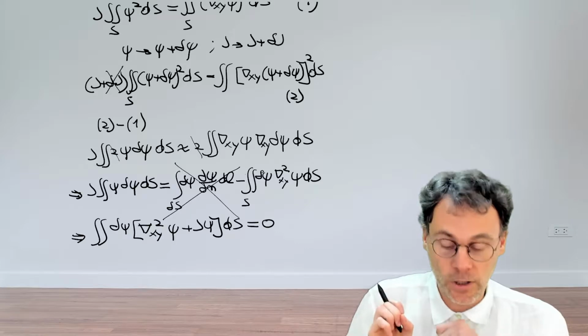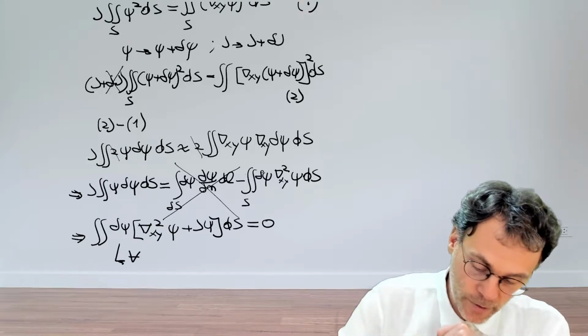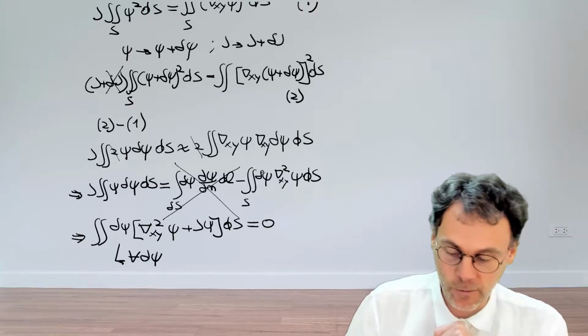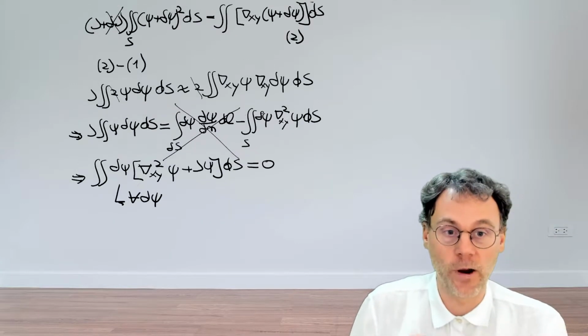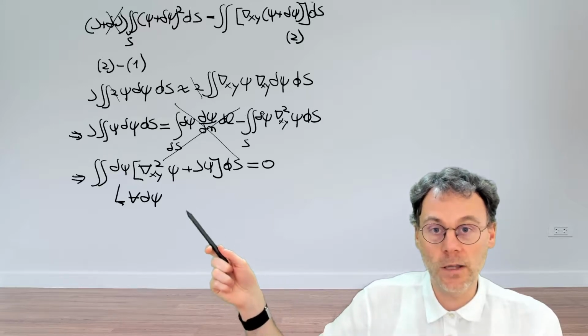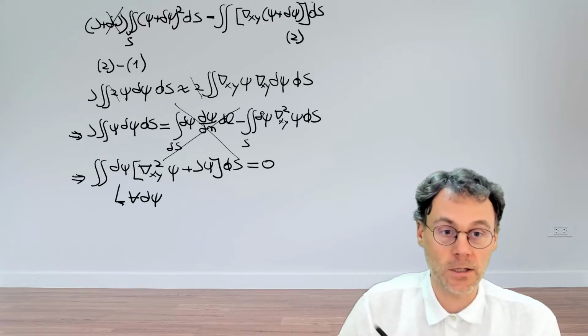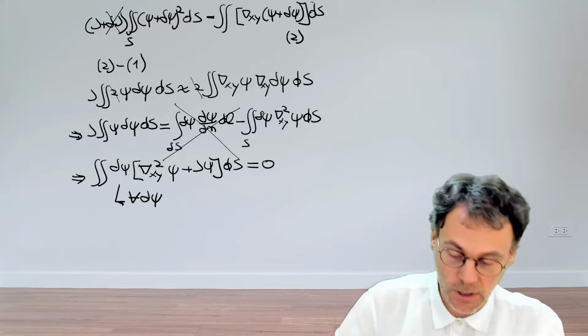Now the crucial part here is that this should be true for all possible variations delta psi that you can think of, because that's just an arbitrary variation. So the only way this can happen is if the expression between square brackets is also equal to 0.